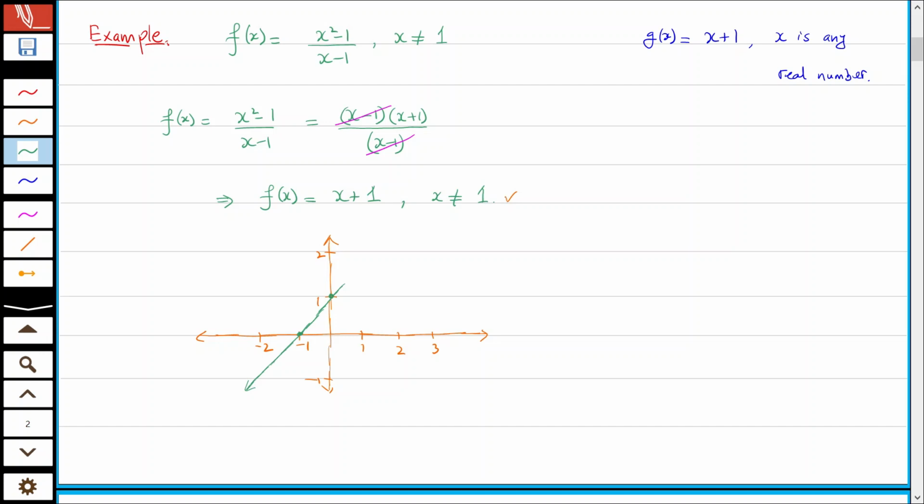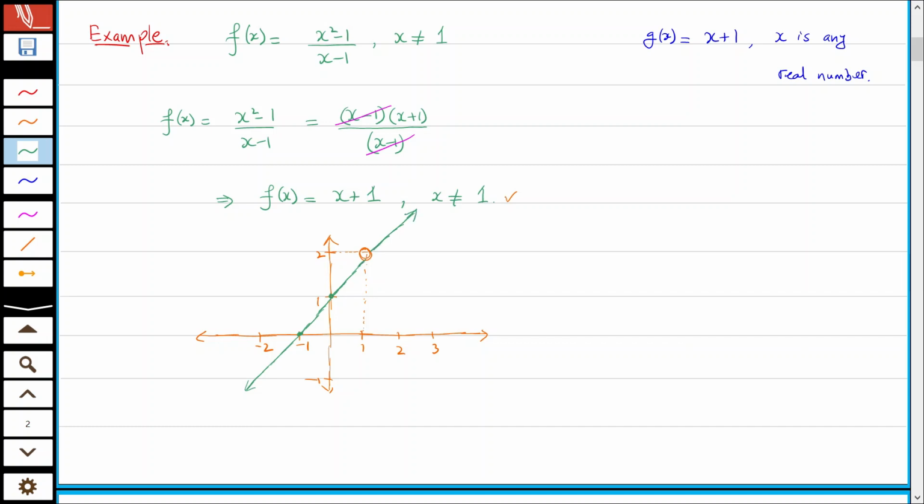However, you see, I cannot substitute x equals 1. So at x equals 1 and y equals 2, there is an empty circle on the graph. Going over here and then moving away like that.